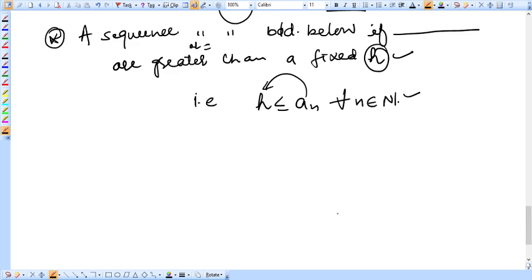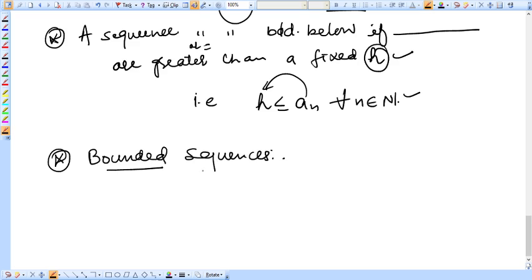Now I'm going to define what sort of sequences are known as bounded sequences.